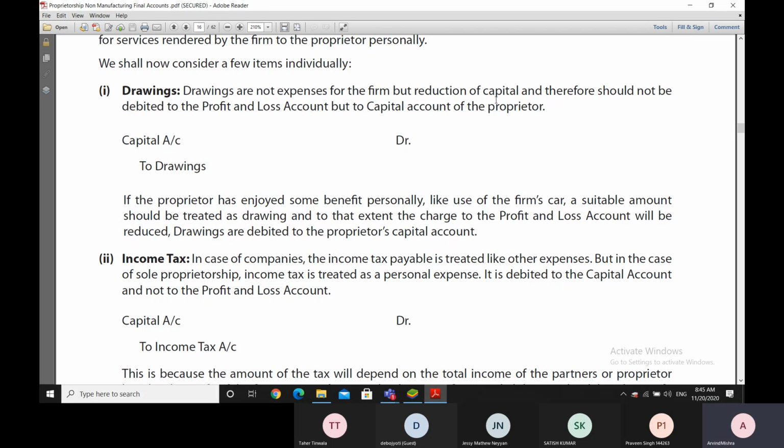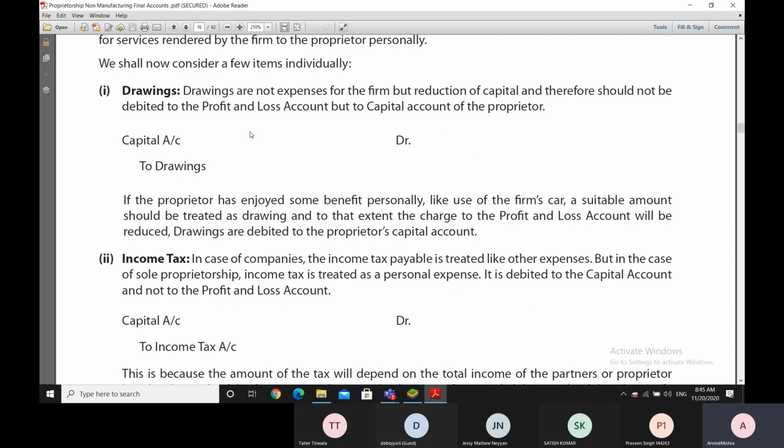So it is a reduction of proprietor's capital, and therefore drawings should never be debited to the profit and loss account. It is a personal expenditure being made out of the business income, business cash. Rather, it should be debited to the capital account of the proprietor.